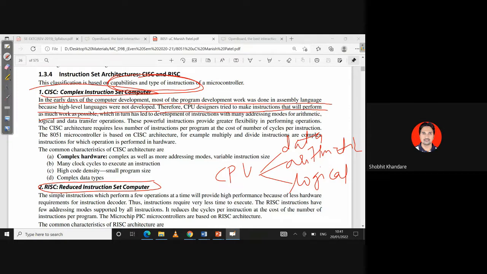Now we have to write the instructions to carry out these operations.